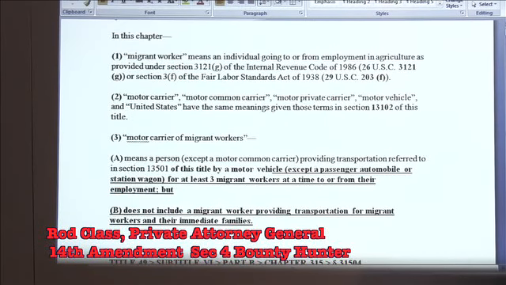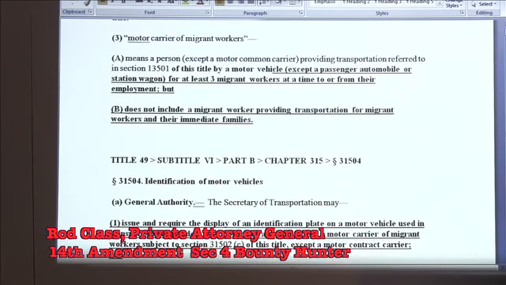Means a person, except a motor common carrier providing transportation, reference to section 13501 of this title by a motor vehicle, except a passenger automobile or a station wagon, for at least 3 migrant workers at a time to or from their employment, but does not include migrant workers providing transportation for migrant workers and their immediate families. They wrote the laws, ladies and gentlemen.